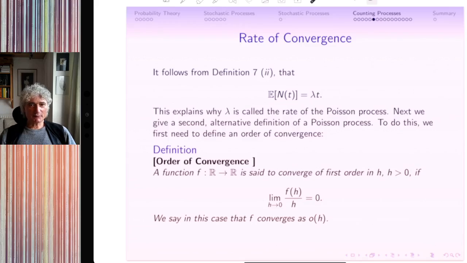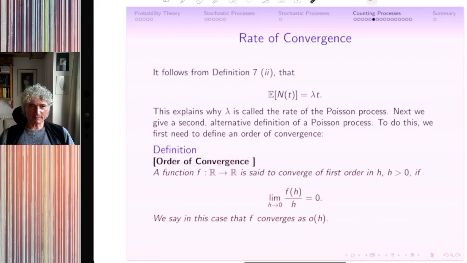But before I do that, let me just say that for those of you who know what an expectation is, the expectation of the counting process up to time t, so the expectation of the number of events N(t), will be exactly given by lambda times t. And this of course explains why lambda is called the rate of the Poisson process.